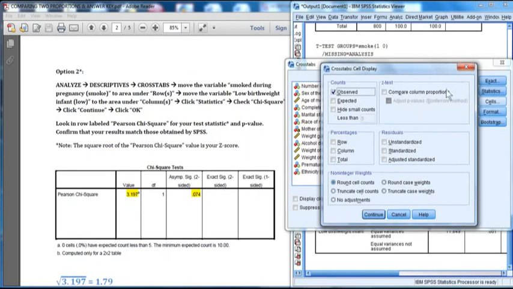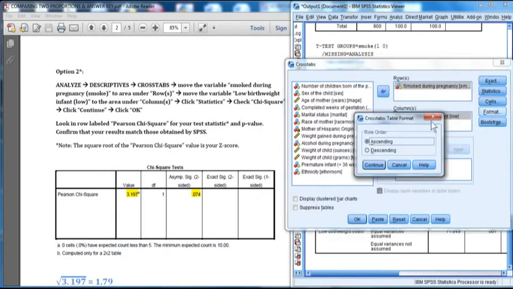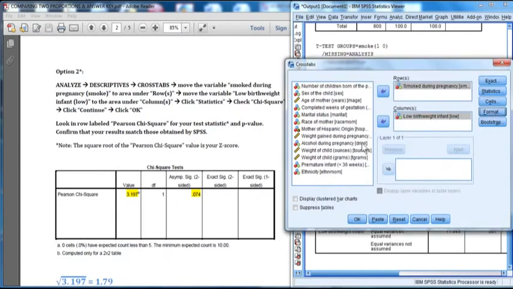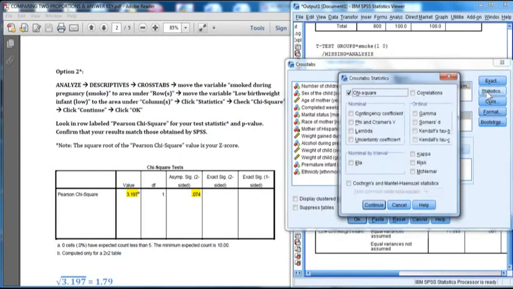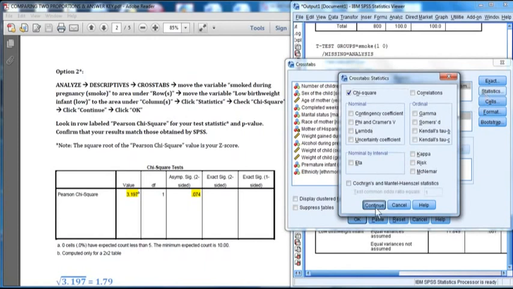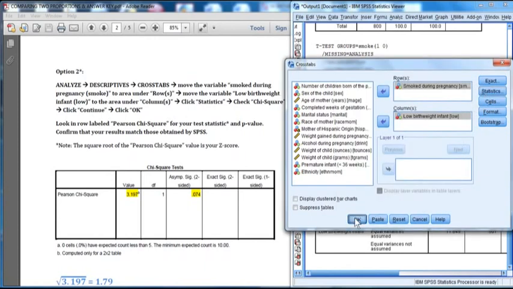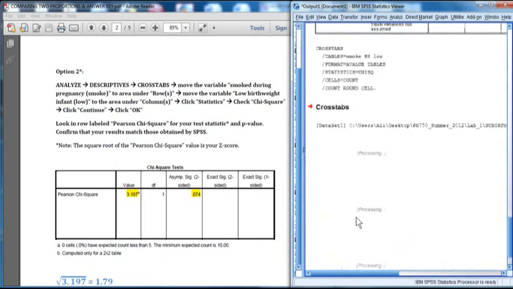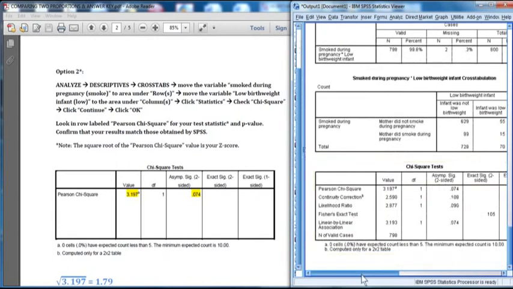We'll learn more about these options when we learn about chi-square tests. But for now, we're not going to go into any of that. We'll leave it as it is. The only thing we need checked here: Statistics, chi-square. That's all we would need. We can click on OK, and we're going to get an output here.